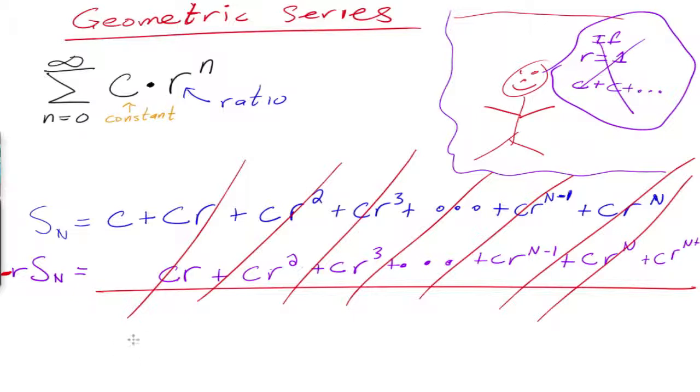Awesome. C plus CR to the n plus 1. Wait, minus? No, plus, no? Oh, you're right, I'm just making sure you're paying attention. Yeah, minus, because we subtracted this one.